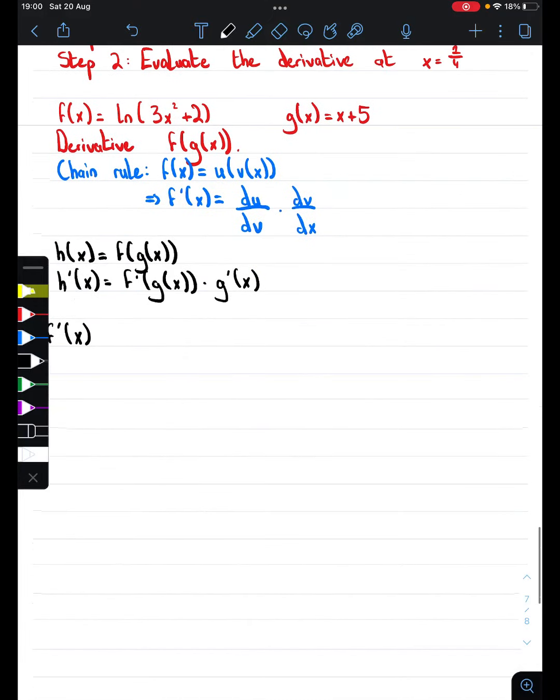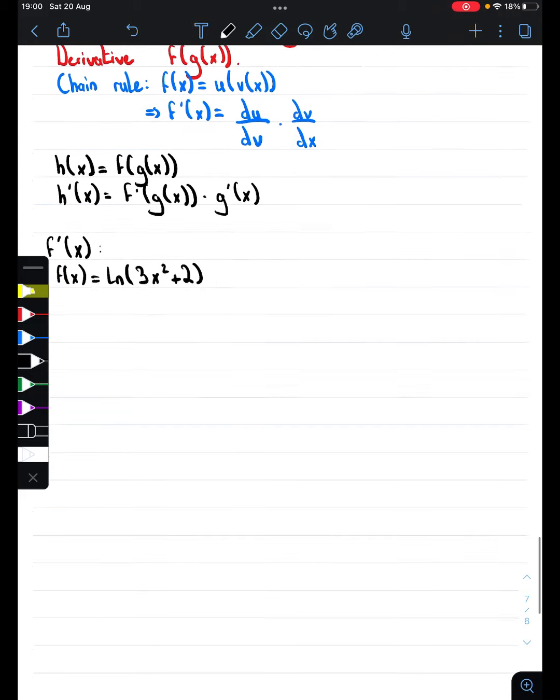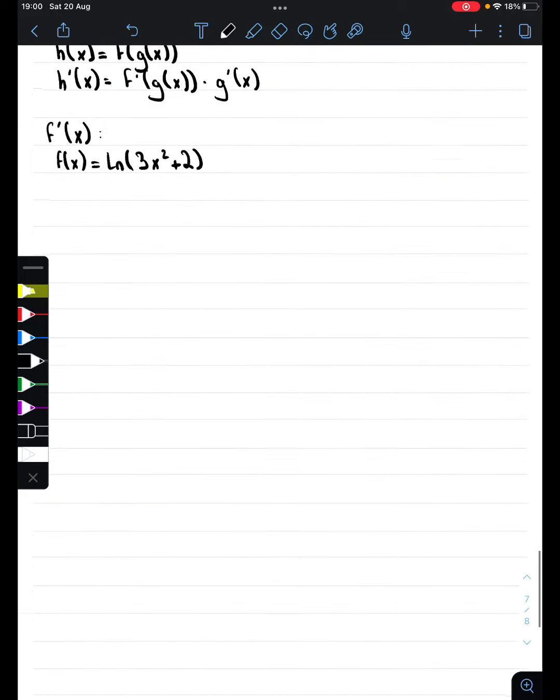Well, f is ln of 3x squared plus 2. So this is actually another chain rule.